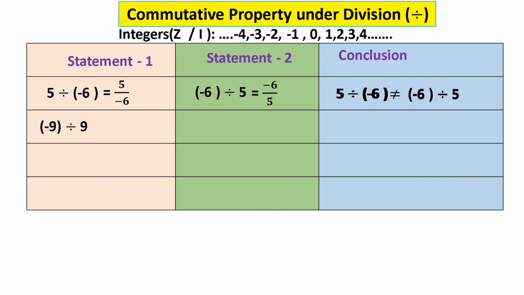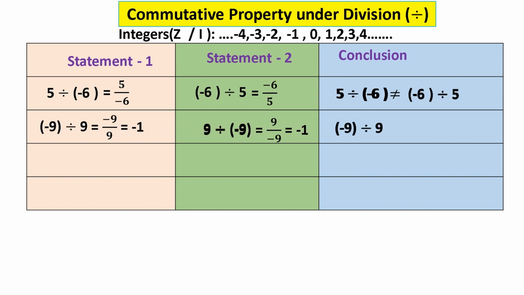In the second example, minus 9 divided by plus 9, we get minus 1, and plus 9 divided by minus 9 gives the same answer, minus 1. Here both are equal.